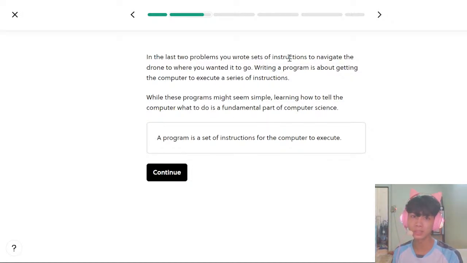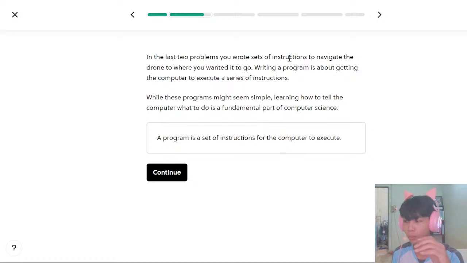Writing a program is about getting the computer to execute a series of instructions. While these programs might seem simple, learning how to tell the computer what to do is a fundamental part of computer science. So now we just have a computer and we need to write a program.